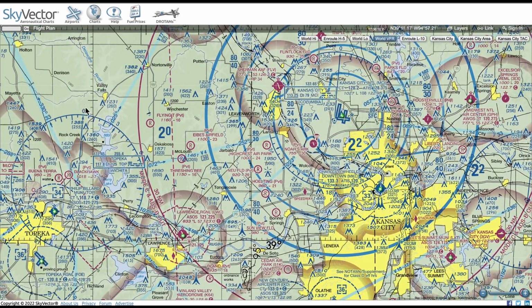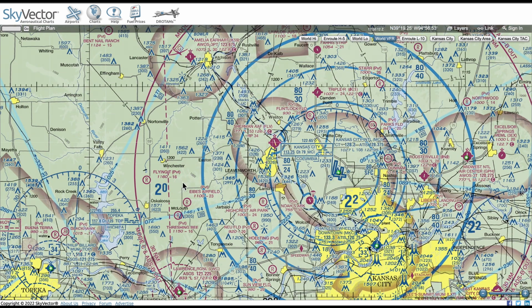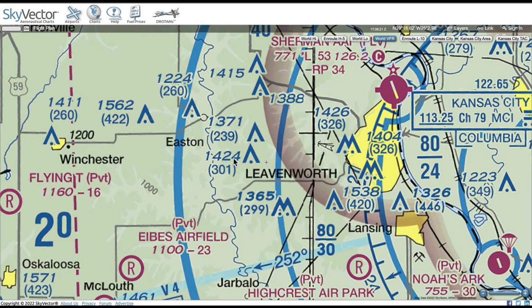Generally, all values indicated on here will be mean sea level values, not AGL, unless you're talking about an obstacle. So if we have an obstacle like this little guy right here, it's giving us 1424 is our mean sea level altitude for this item. And in parentheses underneath it, they put 301 feet above ground level.